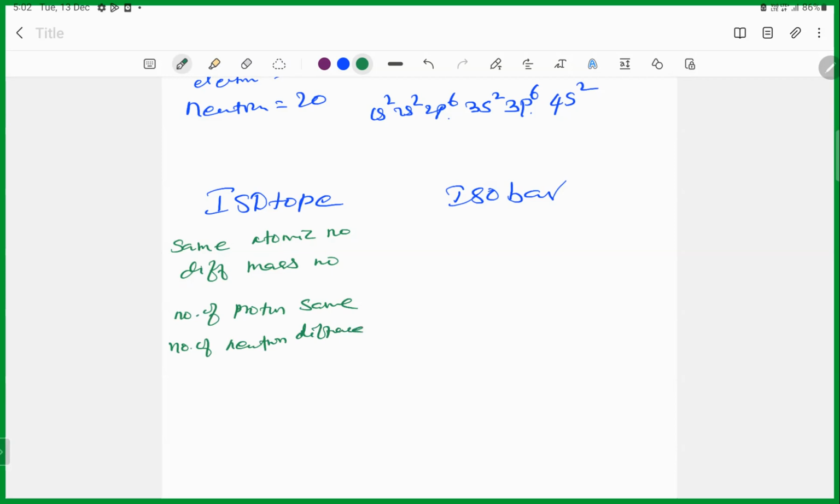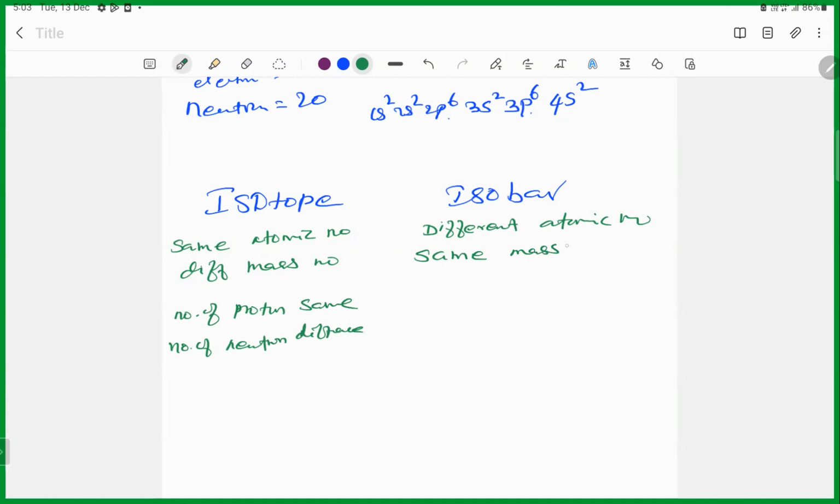When you are coming to the isobar, different elements have different atomic number but the same mass number.